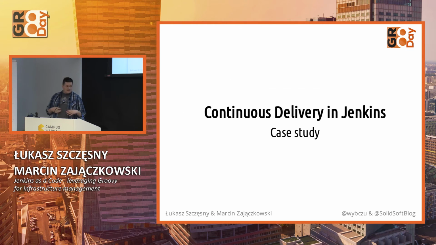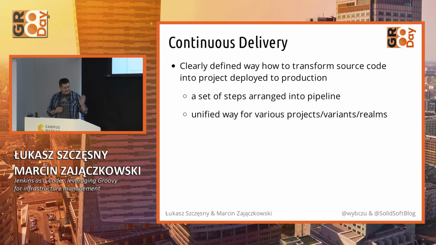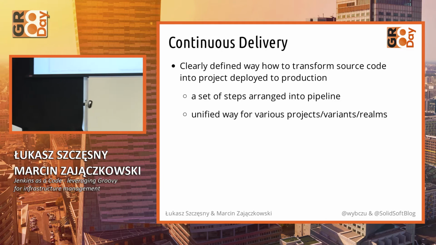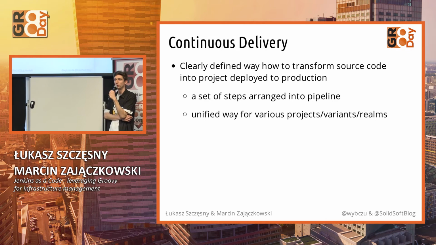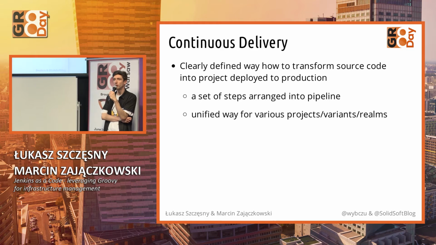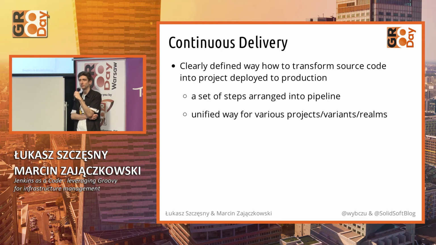So the next thing we want to talk about is continuous delivery in Jenkins. We would like to present you a case study we did in some company. Yes, Marcin? Yes, and continuous delivery. Who of you uses continuous delivery in your projects?